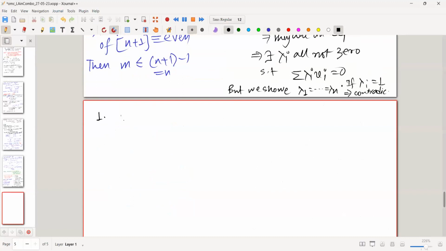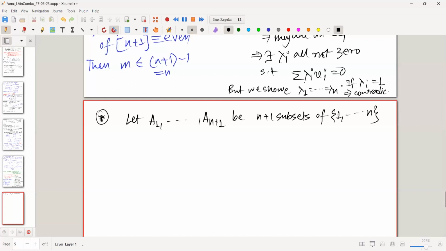So let A1, A2, up till A n plus 1 be n plus 1 subsets of 1 to n.